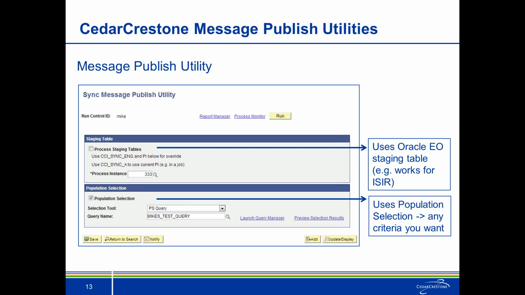One, and the reason I originally built it, was for a school that loaded, I don't remember which type of data it was, but something like phone numbers or emails, or maybe addresses, or a combination from a custom staging table. They had it all figured out where they update their data, and all they needed to do was publish the right messages. We can just run this utility with a query, and it publishes the messages for them, and it makes it real easy to do.